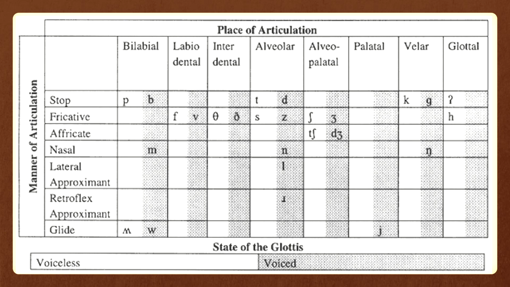Same with w, same with y, which is what's indicated with the J down there. Of course, the j sound is that alveolo-palatal affricate, as in judge up top. The thing that looks like a J down there is indicating the y sound.